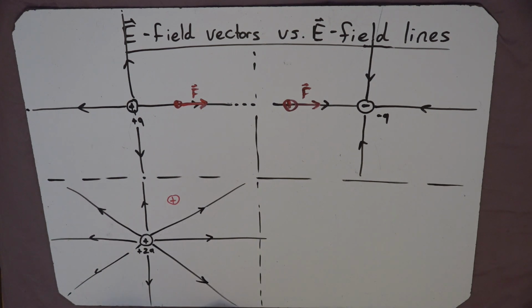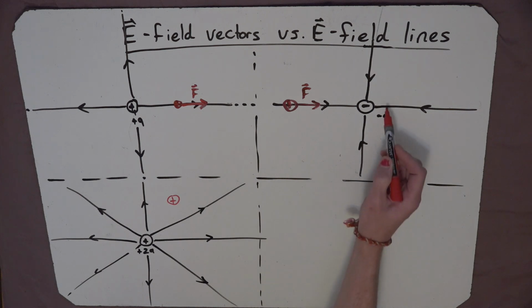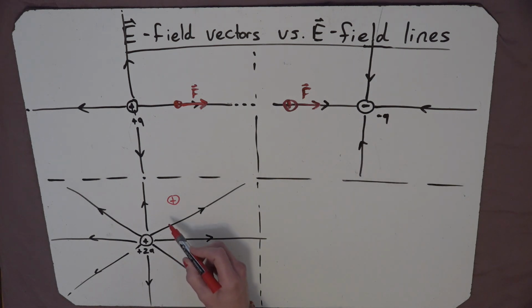In the lines representation, the strength of the charge is represented by the number of field lines that the charge emits or absorbs. But the strength of the field in the field lines representation is represented by the density of field lines in physical space.